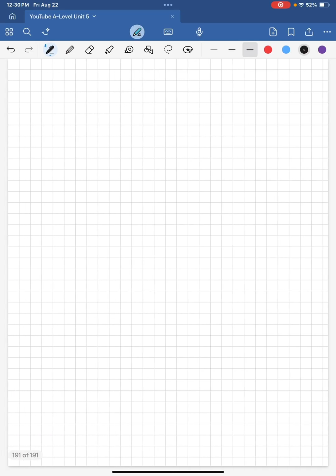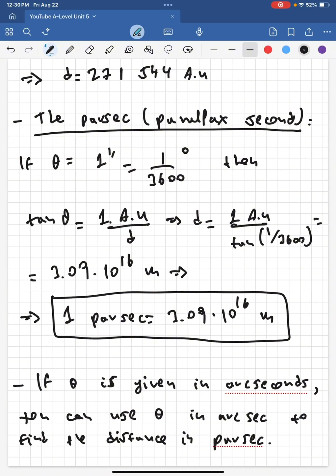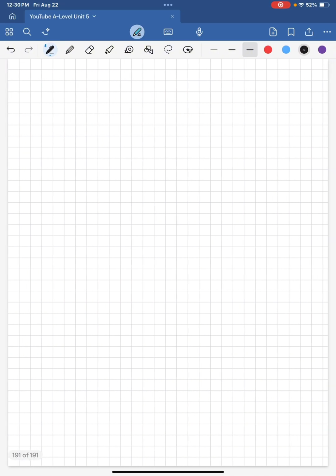So to get distance in parsecs, d is 1 over theta, and this is going to be in parsecs if theta is in arcseconds.